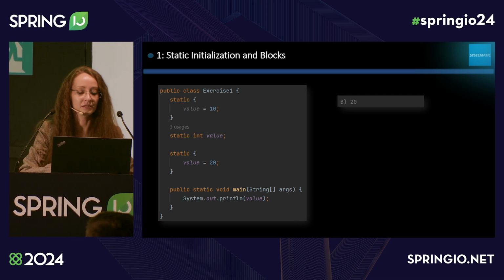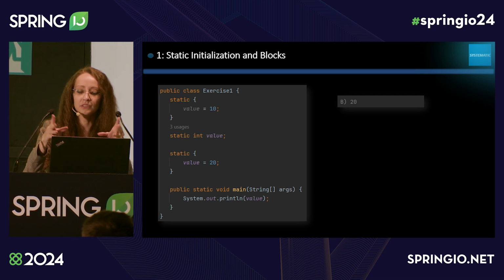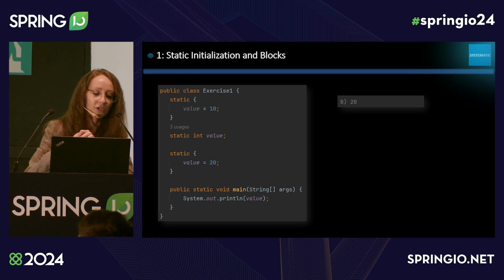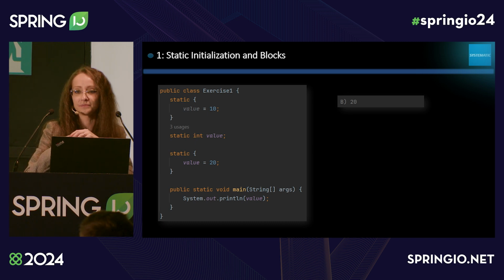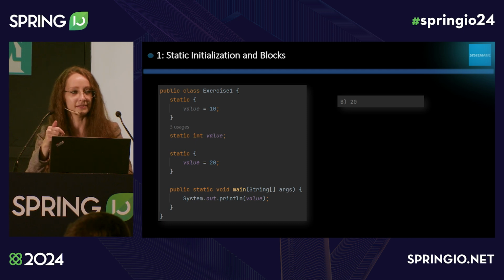So how do static blocks work? They are executed in the order they appear in the code. And as you can see there, first of all, we have a value assigned to 10. But afterwards, the subsequent call comes and sets that value to 20. And actually, in this example, the declaration that comes last is the one that replaces the previous version.